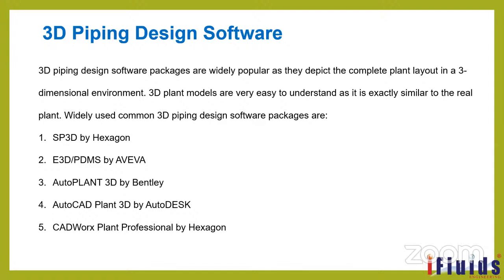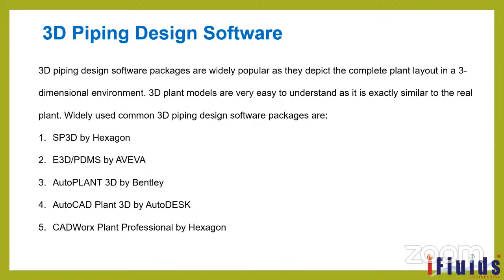Okay. Now 3D piping design softwares are available in the market. What are all the ones we are going to see one by one. 3D plant models are very easy to understand as they are exactly similar to the real plant. So the widely used common 3D piping design software packages are SP3D by Hexagon. So Hexagon is a supplier, I mean, the origin.